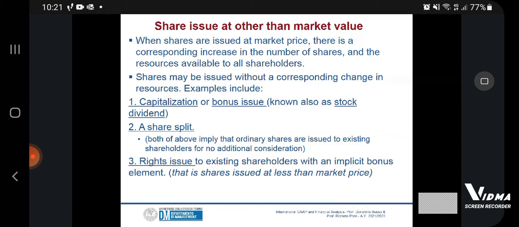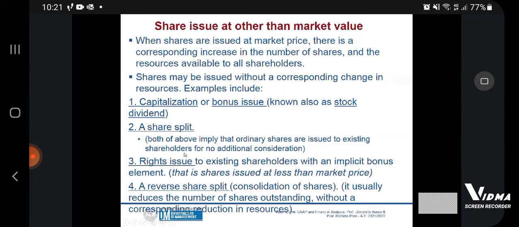So everything that we are covering here are transactions that will cause the earnings per share to decrease over time. And the last thing is a reverse share split. That is something that usually increases earnings per share, because it is the reverse of a share split considered over here. It is sometimes a consolidation of shares.